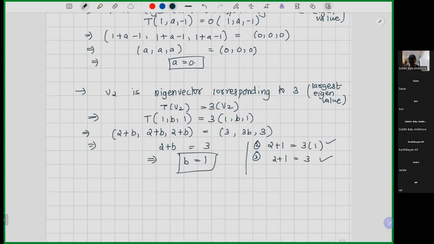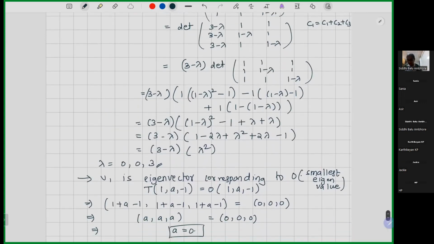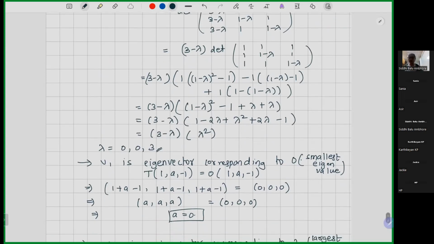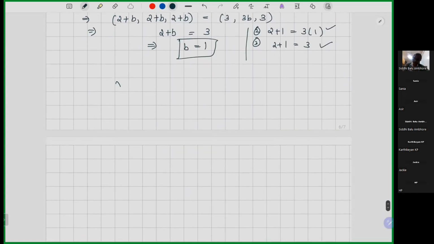One thing I would like to mention here is that even if you don't directly calculate this 0 and 3, you can just go on substituting values. For example, let me quickly write it for at least a. If I assume lambda in R and go ahead, T of (1, a, minus 1) is equal to lambda times (1, a, minus 1).